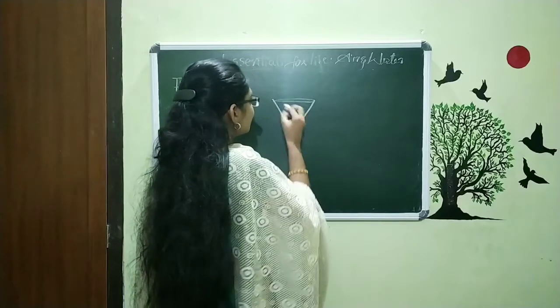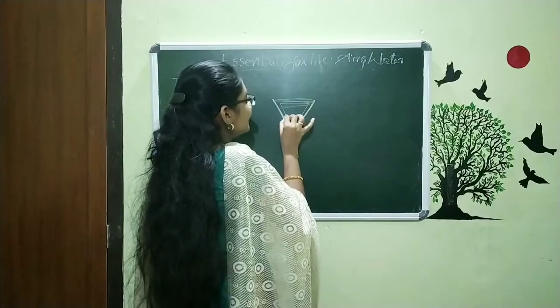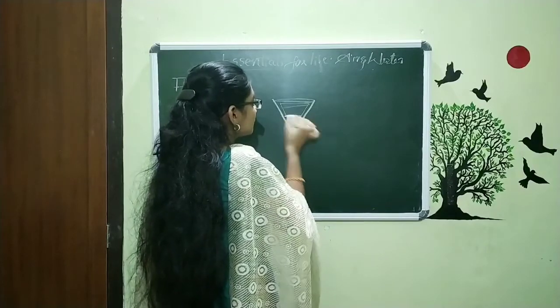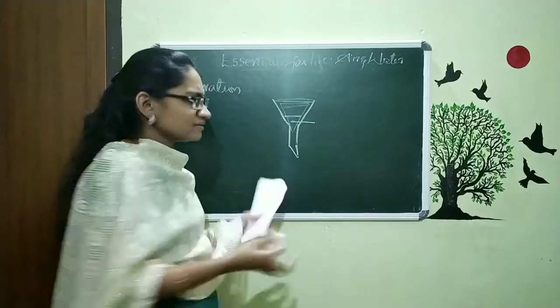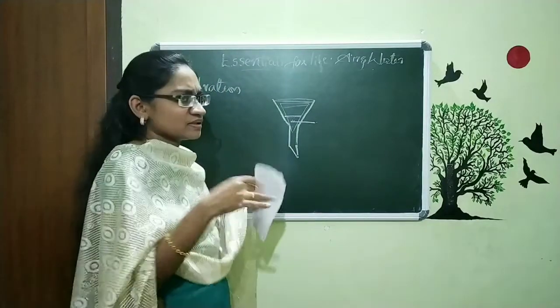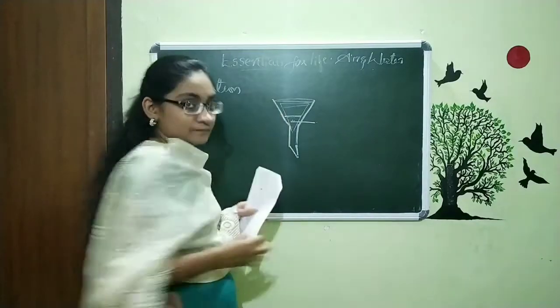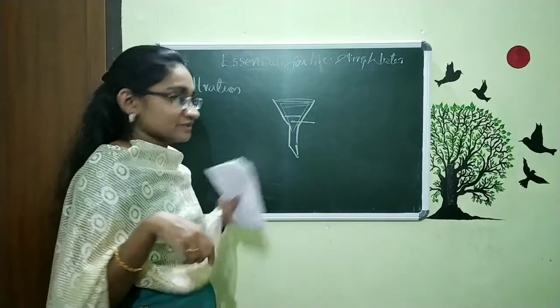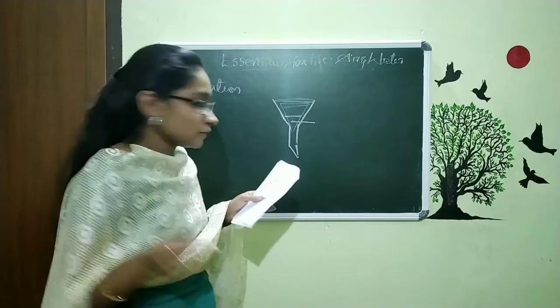For this funnel, inside we kept the filter paper, and inside this filter paper we get our sand, or whatever impurities were mixed in the water. Those are insoluble substances. When the substances are soluble, this filtration is not at all practical.